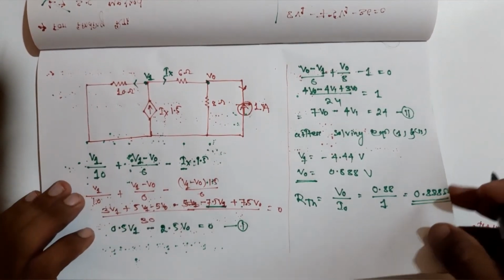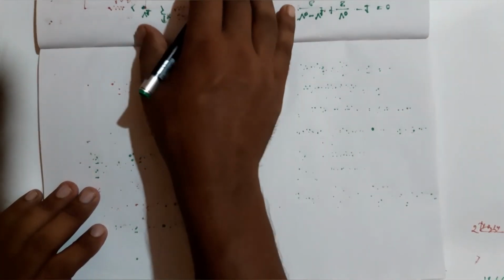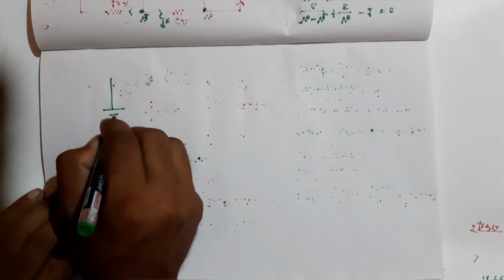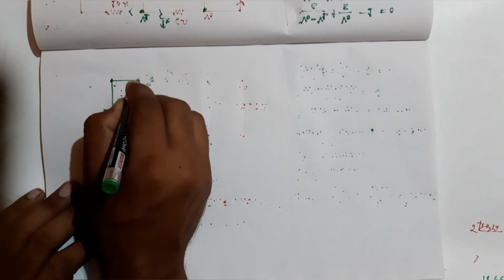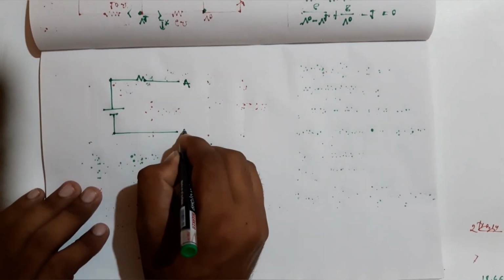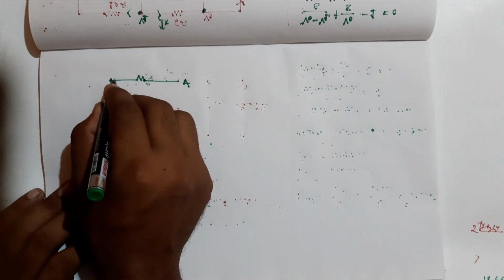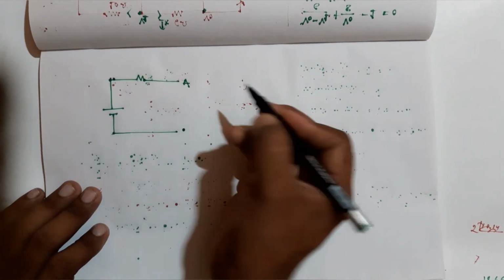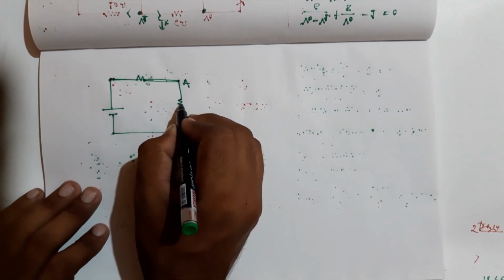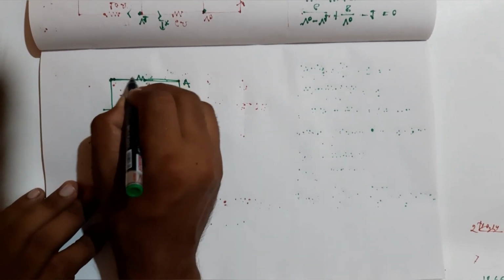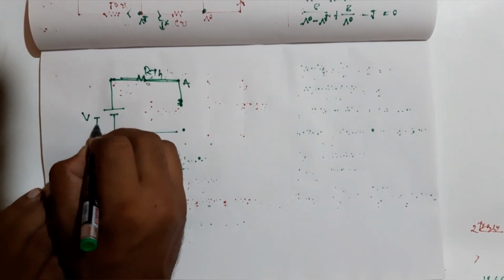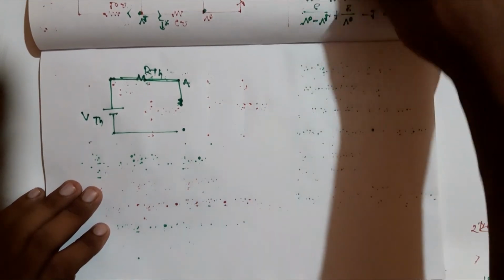In the next step we are going to draw the Thevenin's equivalent circuit. This is the Thevenin's voltage VTH connected in series with this Thevenin's resistance RTH, and this is terminal AB.